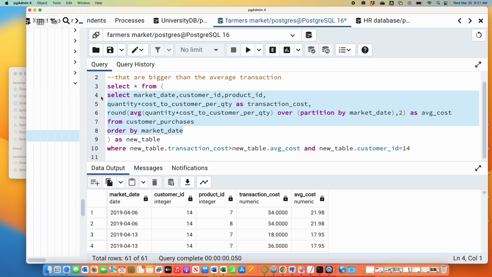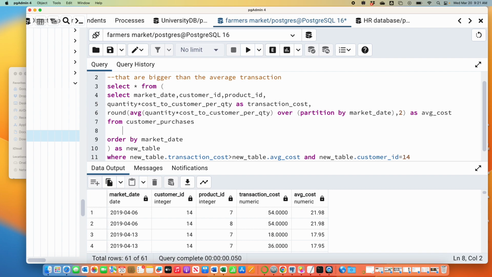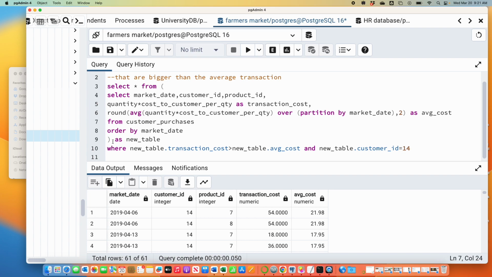As you saw, if you try to reference that average cost right here, it won't let you. But once this parenthesis closes down here, we have now created a table within PG admin, and now you can reference whatever columns you want. So it's way more convenient.